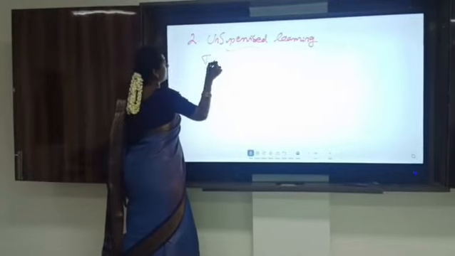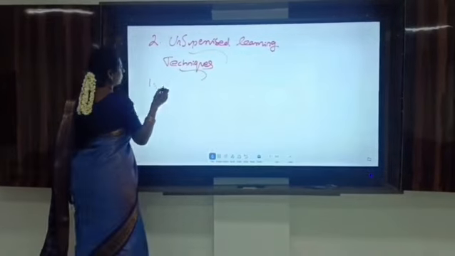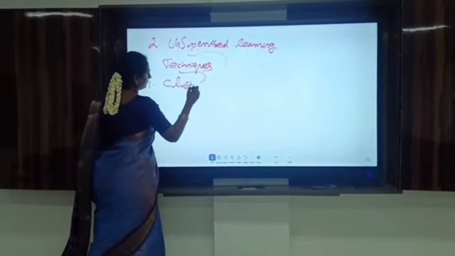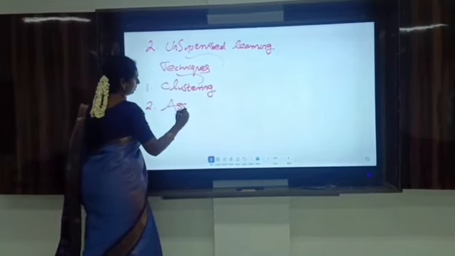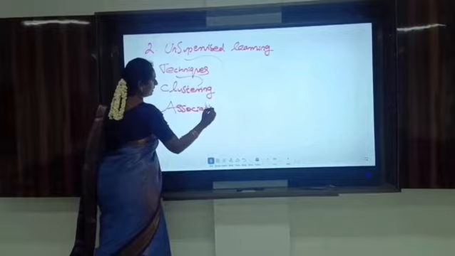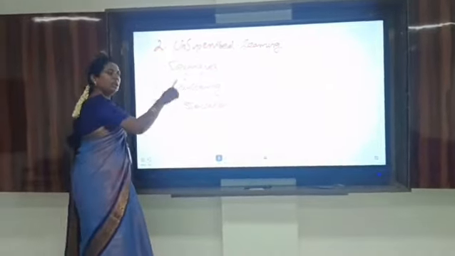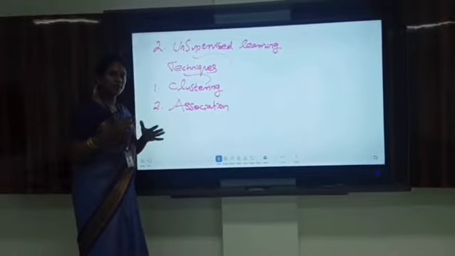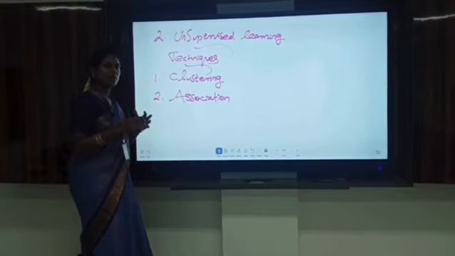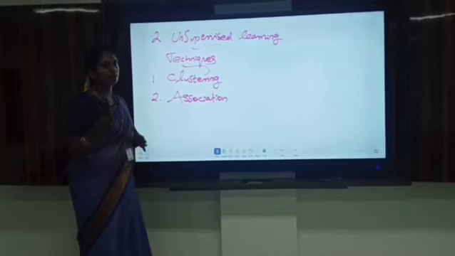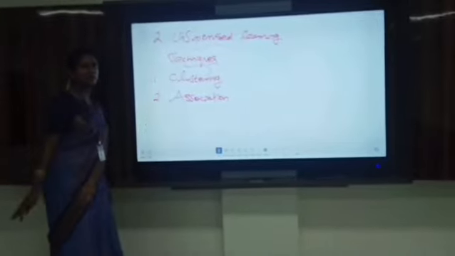The techniques used in unsupervised learning are clustering and association. First is clustering. Clustering means it groups the data based on different patterns. And association finds out some very useful relationships between the parameters in a large data set. This is about unsupervised learning.